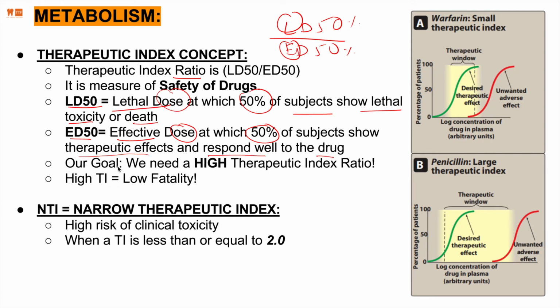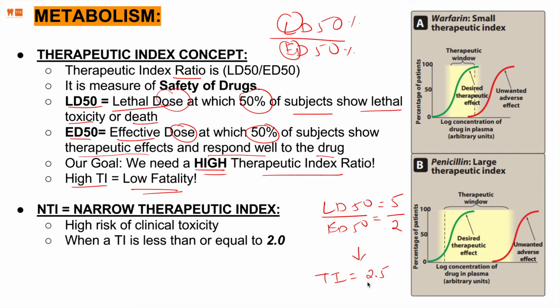So our goal is what? Our goal is to have a high therapeutic index ratio. A high TI means low fatality. Basically, if LD50 was 5 and ED50 was 2, then our therapeutic index ratio was 2.5, right?